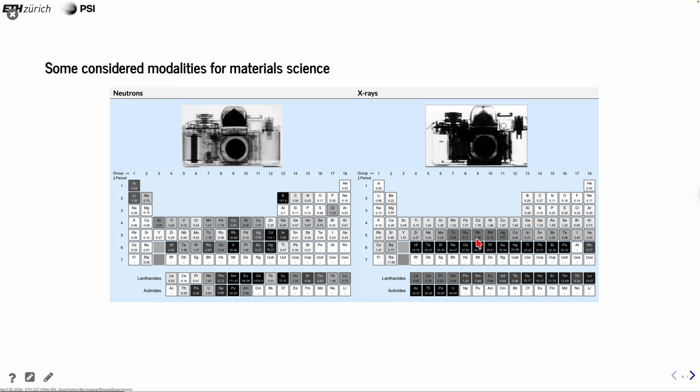That can be used as a benefit if you combine the two. Otherwise, you have to select neutrons for one thing or X-rays for the other. And sometimes it's a tie, and then I would probably select the X-ray because that's easier to get access to.